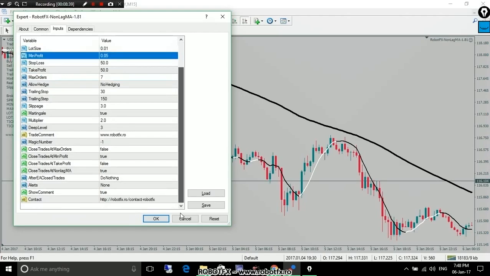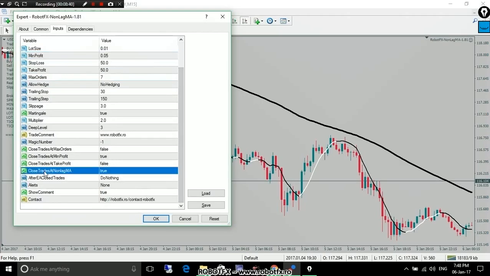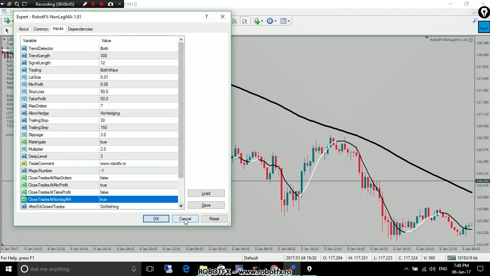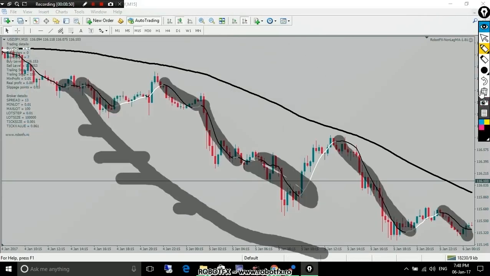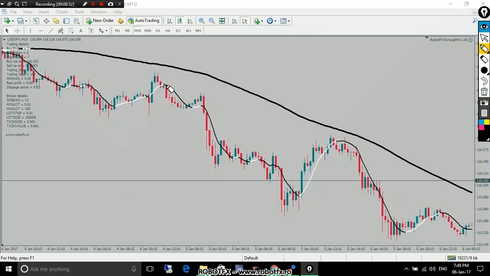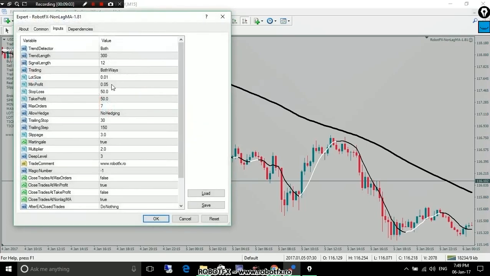However, if you have close trades at non-lag moving average set to true and you want this trade to be closed when the signal non-lag moving average changes color, the expert advisor will close it only if the profit has reached the minimum profit.